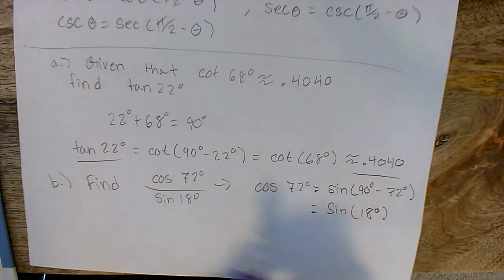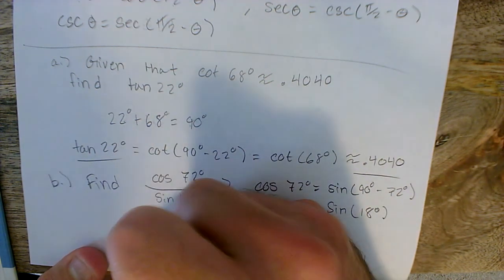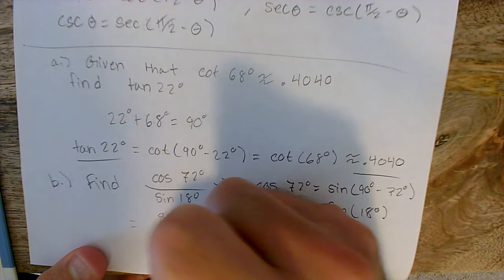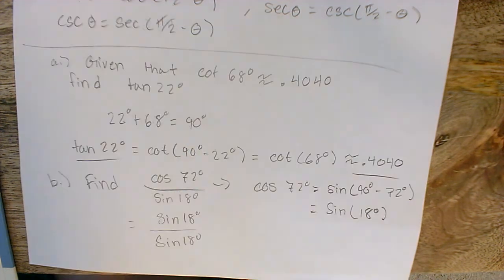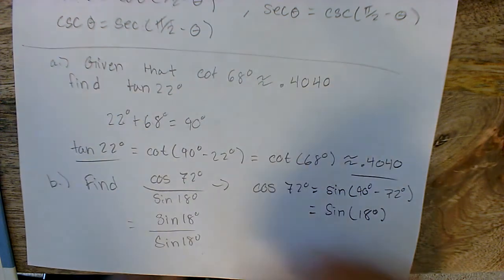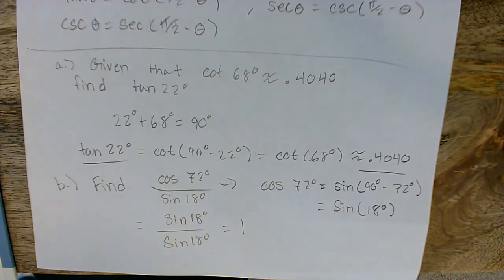So I can substitute sine of 18 degrees in for cosine of 72. So this thing here is equal to sine of 18 degrees over the sine of 18 degrees. It's the same number over the same number, so this is equal to 1. Alright, so that's how you can use those co-function identities to do those examples.